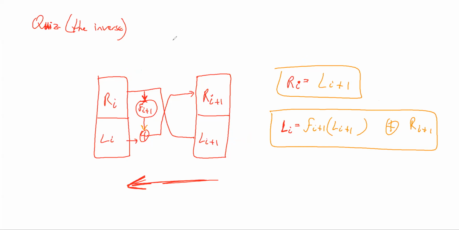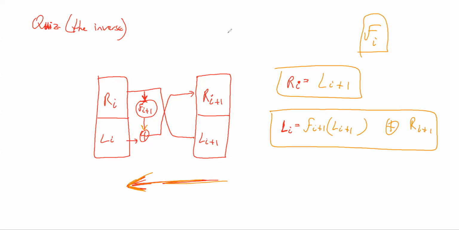All right, so once we've established that, now we need to look at the details of this, in particular these functions. So we need to look at these fi, right?